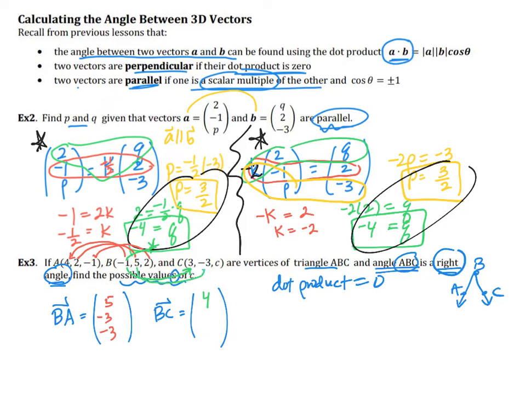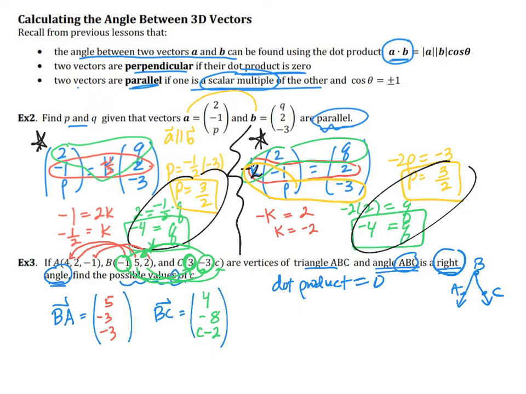From 5 to -3, that's going to be -8. And from 2 to c, oh shoot, how do we do that? Well, if you think of it mathematically, we're taking this number on the right and subtracting this one. So 3 minus -1 gives us 4. -3 minus 5 gives us -8. So it's going to be c minus 2 here.